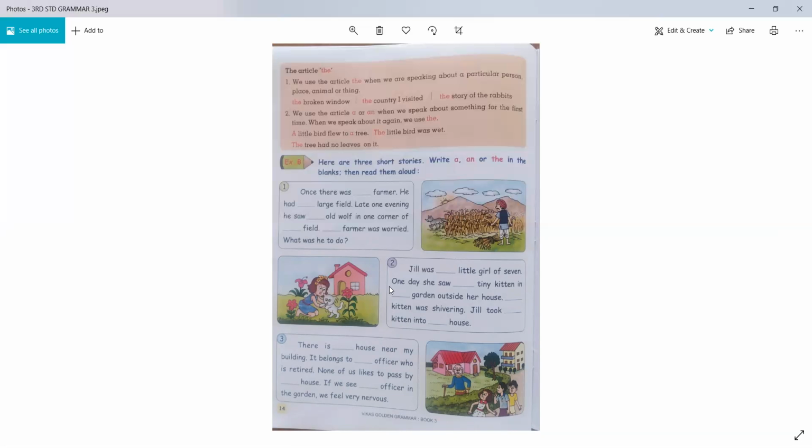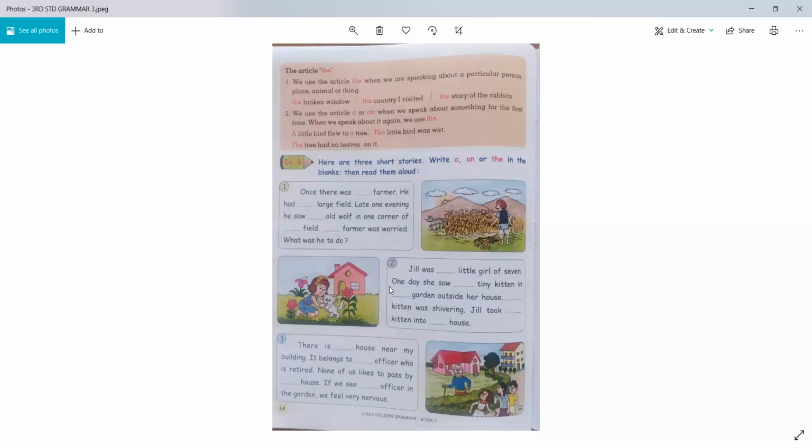Here in this image you can see Jill and a tiny kitten. Do you know the meaning of kitten? The baby of a cat. The baby of a cat is called a kitten.